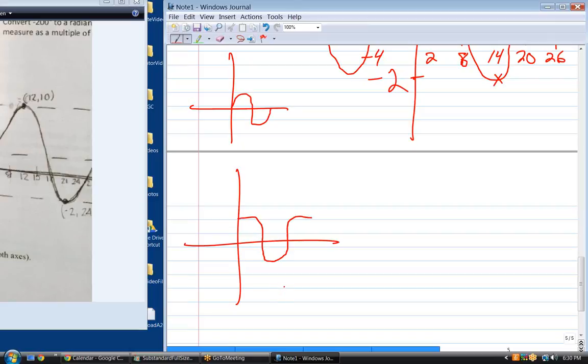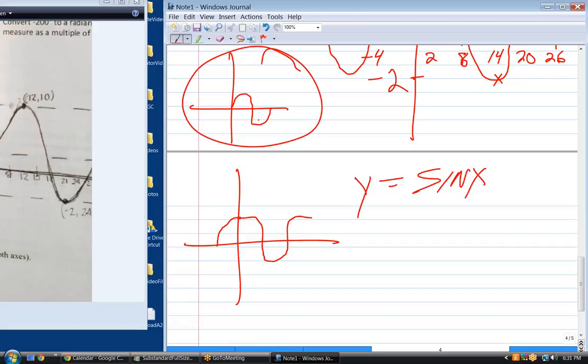Well, notice that if I extend the cosine to there and shift it to the right by pi over 2, I got the sine curve. So if I want to say y equals sine x, that refers to that curve right there.